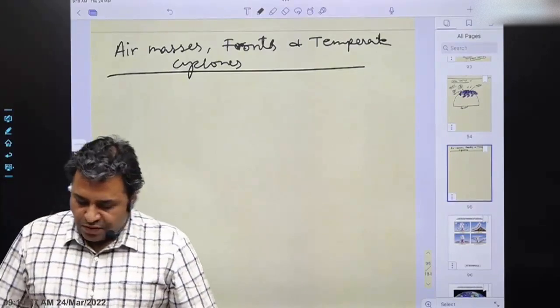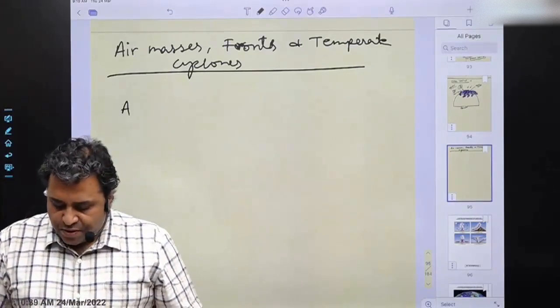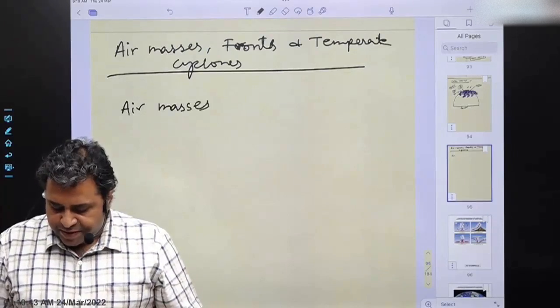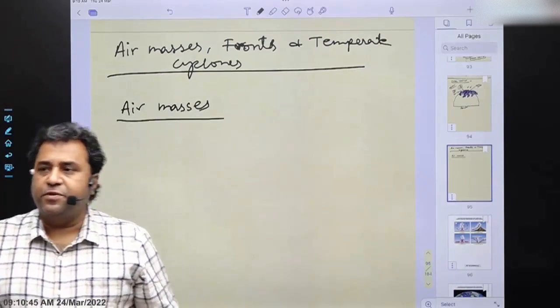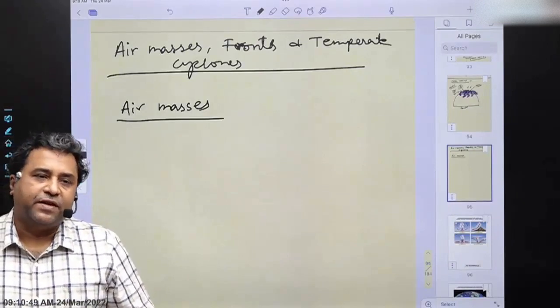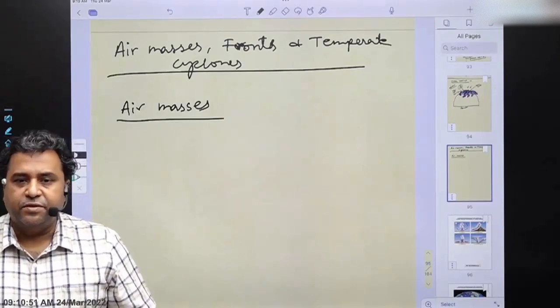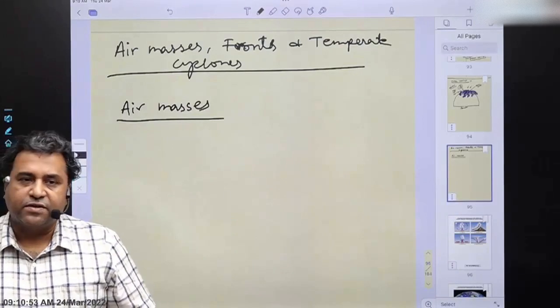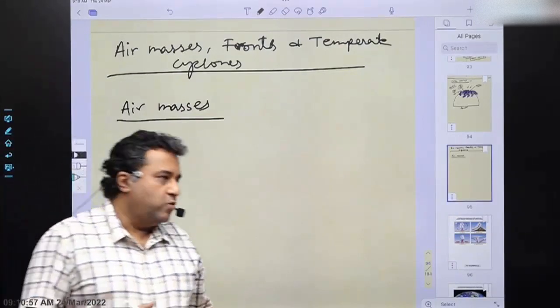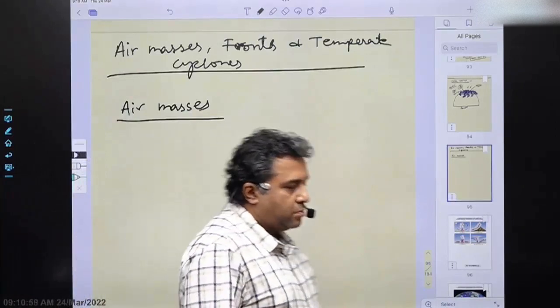So, first of all, let us further understand what we mean by air masses. Why further? Because some very basic understanding of air masses we have already done when we were doing factors affecting temperature. In that we understood that one of the factors affecting the temperature of a region is air mass. We have seen two types of air masses, warm and cold.